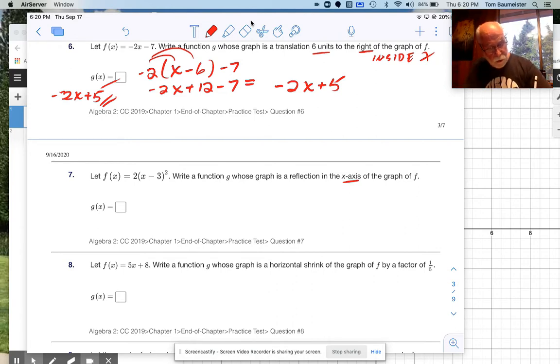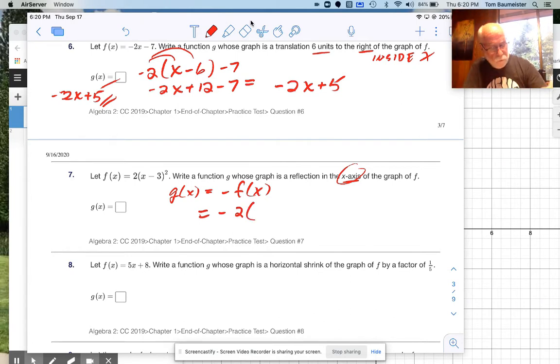So remember, if I'm going to write that down, I know that g of x is equal to negative f of x. When I'm talking about it on the x-axis, it's on the outside. So that means that I'm just going to put a negative, and then I'm going to put my function that I already have, 2 times x minus 3 squared.